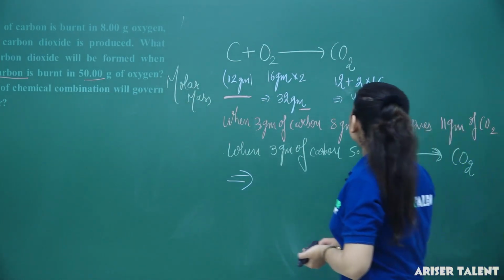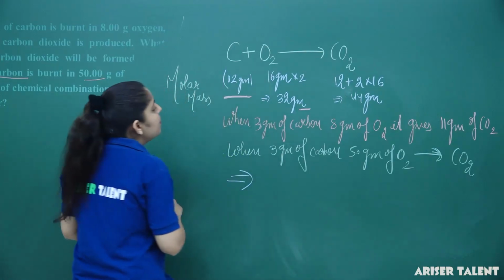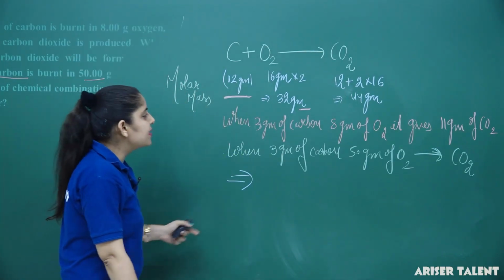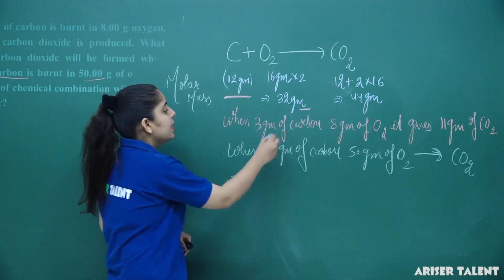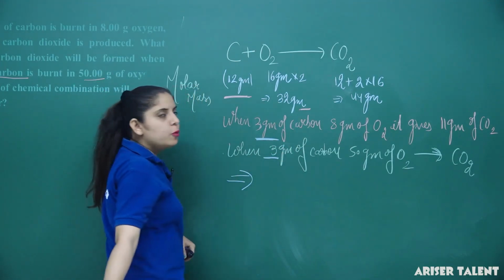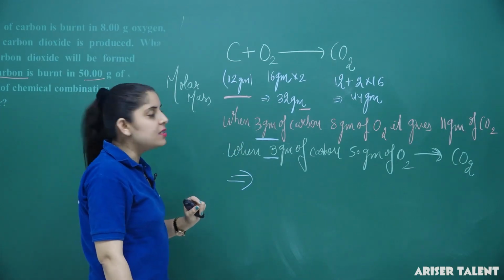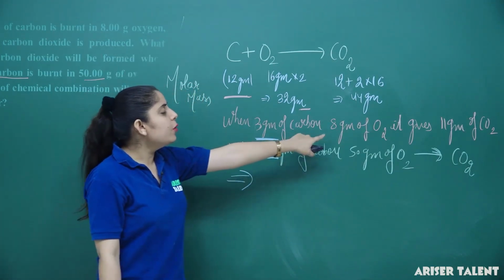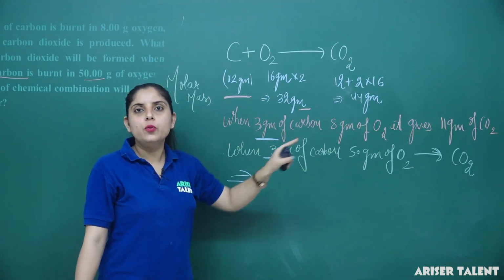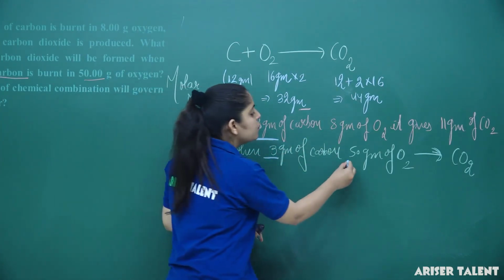So again, when 3 gram of the carbon is going to burn with 8 gram of O2, it is giving the 11 gram of CO2. Now, you can see in this sample, the same 3 gram and 3 gram are used here. So, it is a ratio which is constant here, but similarly in this 3 gram, only 8 gram of O2 is consumed to produce the carbon dioxide, but here you are using the 50 gram.